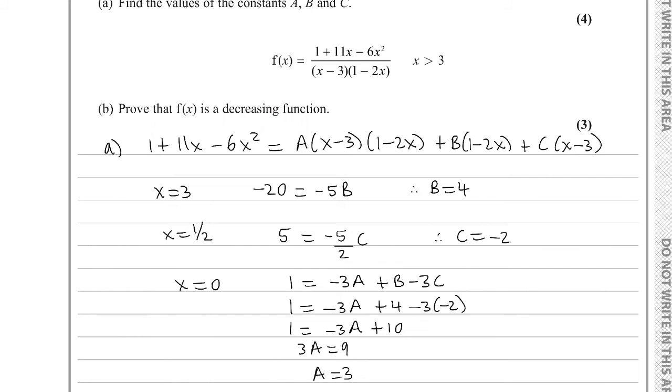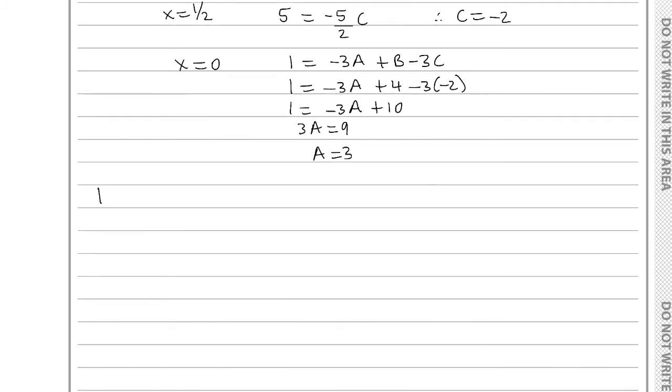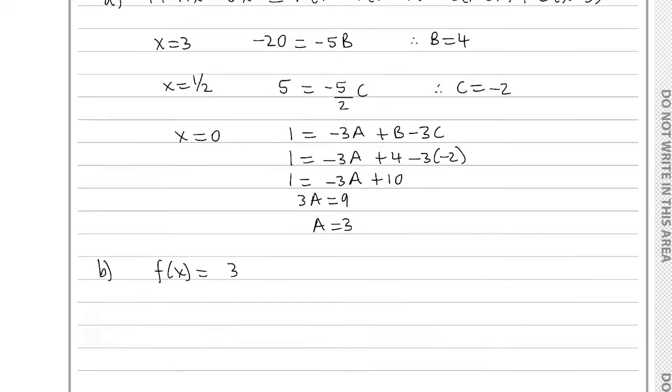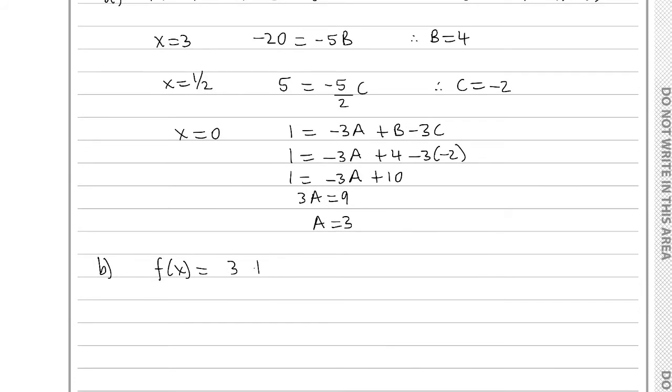And then prove that this is a decreasing function. I guess the fact that we have split this down into partial fractions should be useful. So f of x is now 3 plus 4(x minus 3) to the negative 1 minus 2(1 minus 2x) to the negative 1. So f dash of x, the 3 goes away.